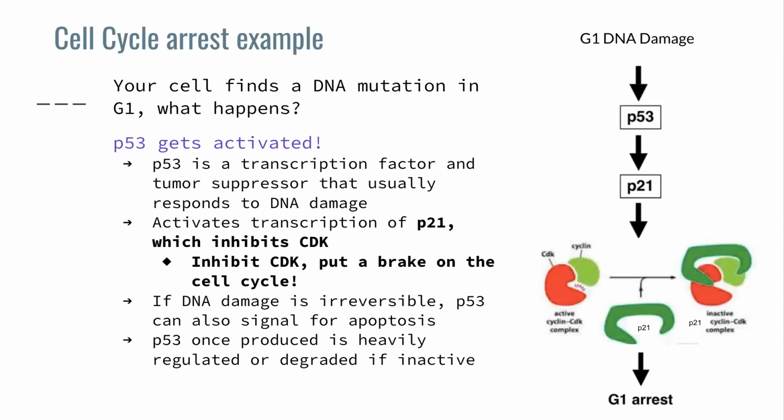Okay, so going further into how P53 and P21 work. If the cell detects DNA damage, P53 is activated through phosphorylation. P53 is a transcription factor and is a tumor suppressor because it codes for a protein that inhibits CDK, which stops the cell cycle.